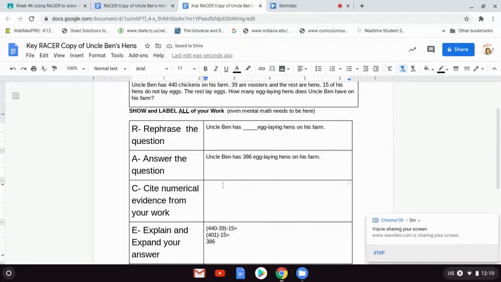And then it says, cite the numerical evidence from your work. And then we're going to explain it. So Uncle Ben has 440 chickens, we first subtract the roosters. The roosters are males, which is 440 minus 39.